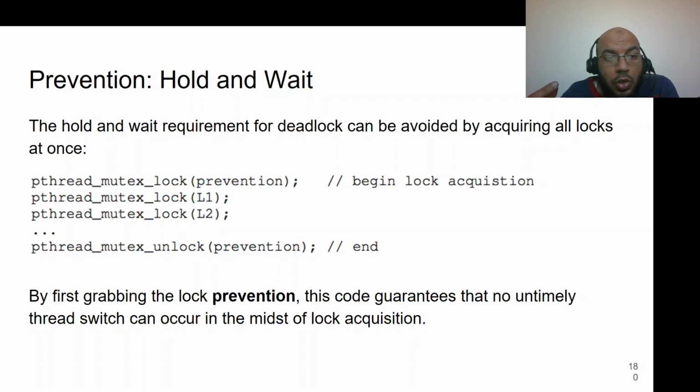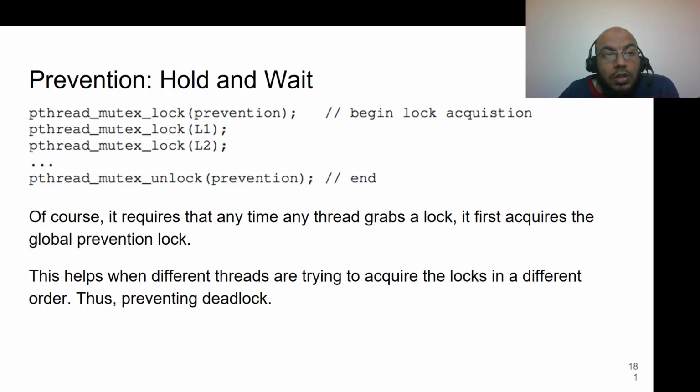So once you acquire the prevention lock, you're just going to acquire all of the remaining locks that you need at the same time. This global prevention lock means that you have a global lock on all of your locks. Once you acquire the prevention lock, no one else can acquire any locks except for you.